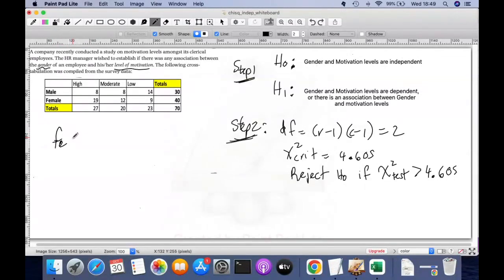So FE, your expected frequencies, is given by the row total times the column total all over the grand total. And when I show you examples, it's going to be pretty easy to understand how to use it. Right? Row total times column total over the grand total.